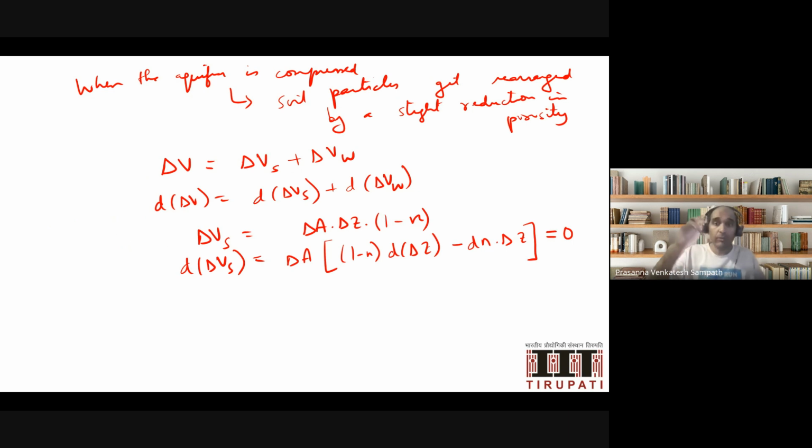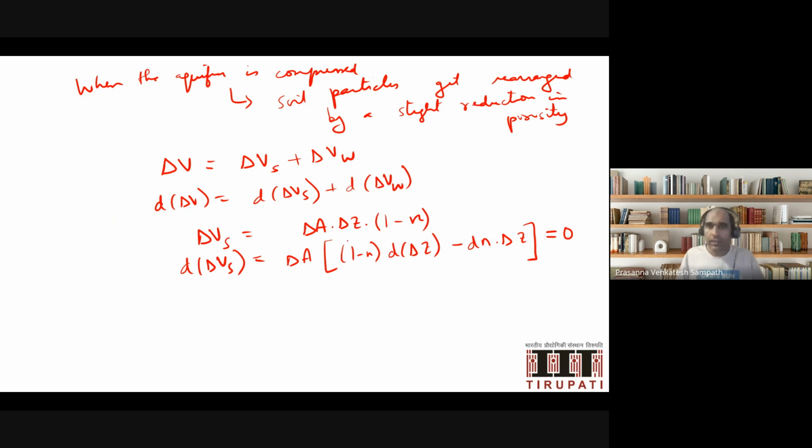The total number of particles before and after is the same, and the volume occupied by those particles is still the same. What has happened in this compression is that the porosity has changed, so the volume of voids has reduced, and you're getting the same particles arranged inside that same box in a slightly different configuration by reducing the porosity.